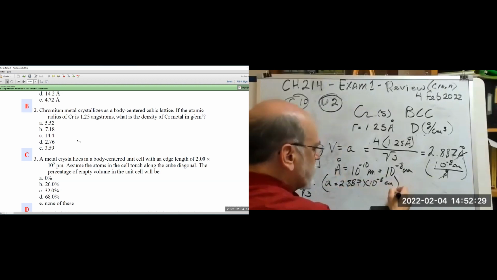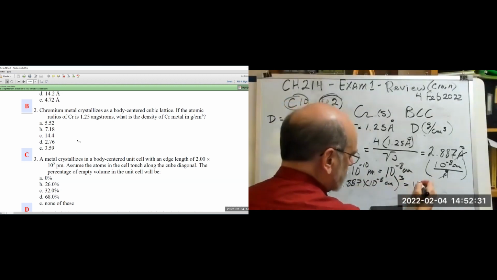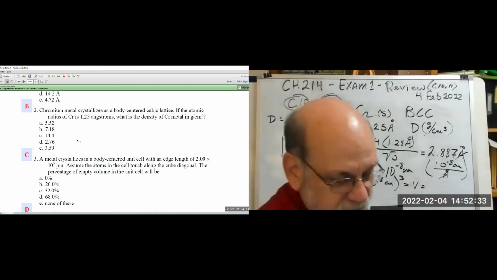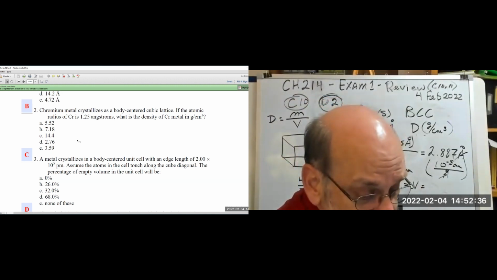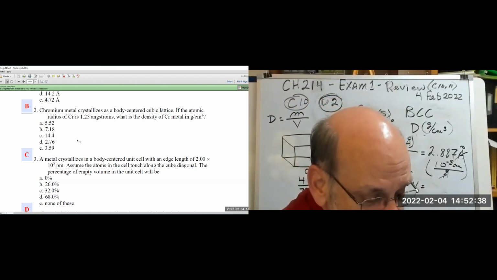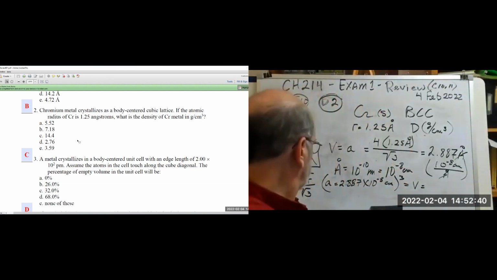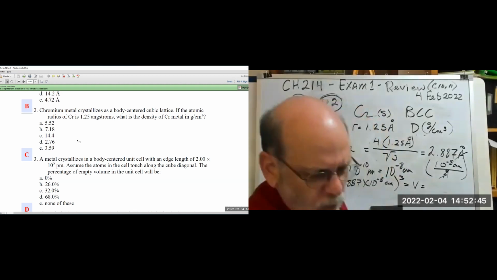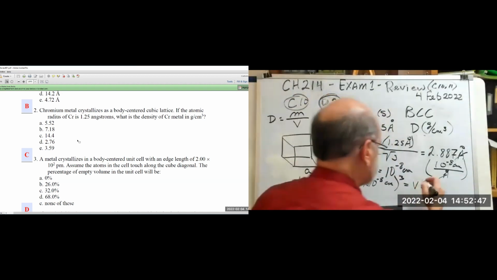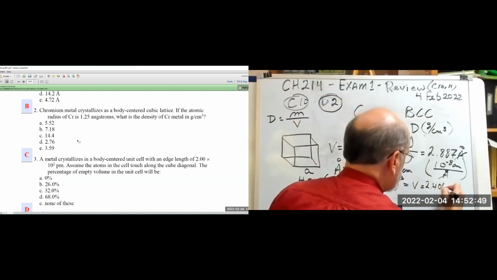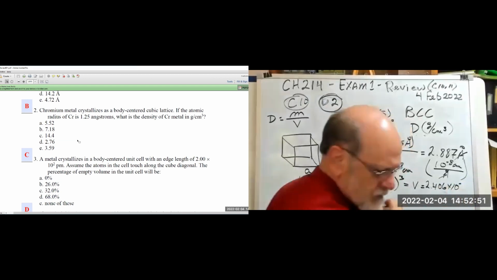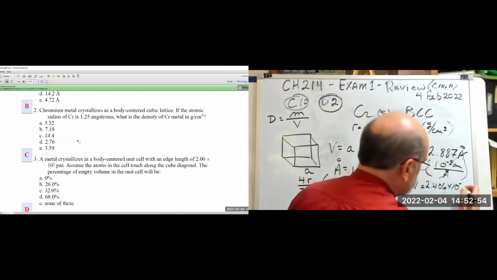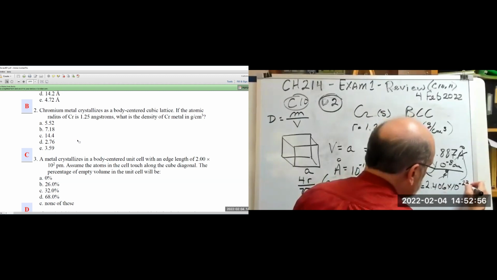Then we want to cube that to get our volume. And the volume there is 2.406 times 10 to the minus 23rd cubic centimeters per unit cell.